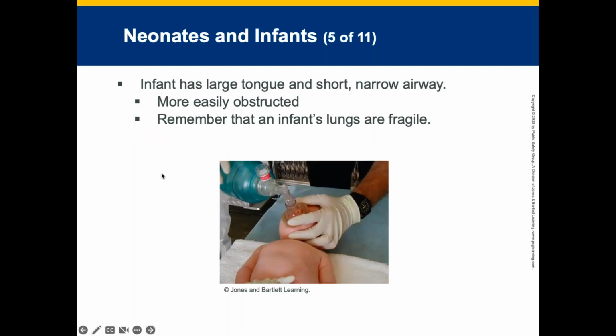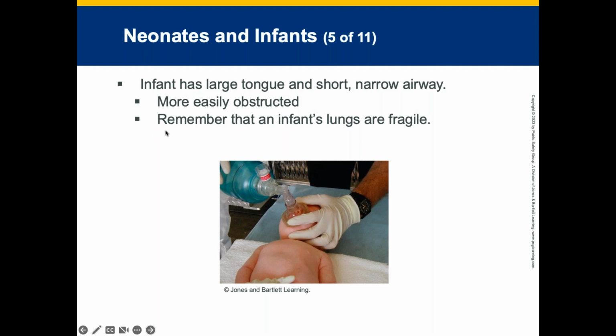An infant also has a proportionally larger tongue and a shorter, narrower, less stable airway. Why? Haven't grown into it yet? Well, they haven't grown into it. You're right, that's part of it.